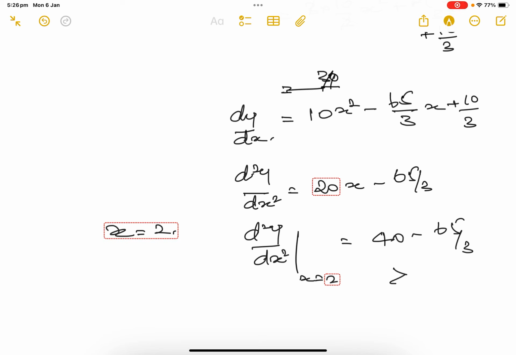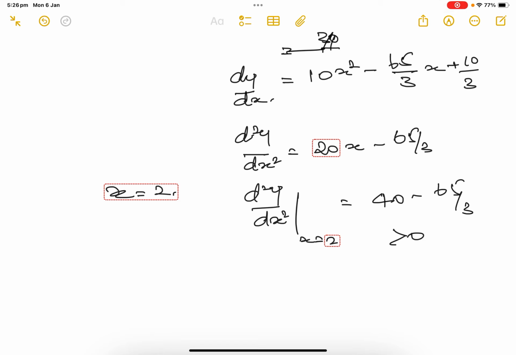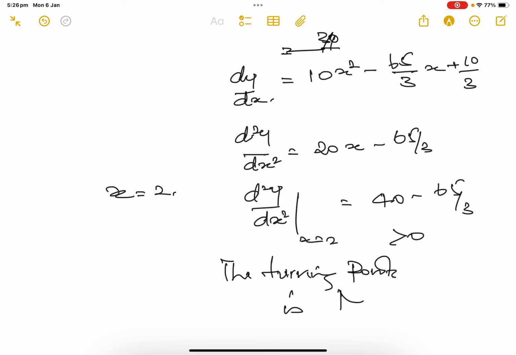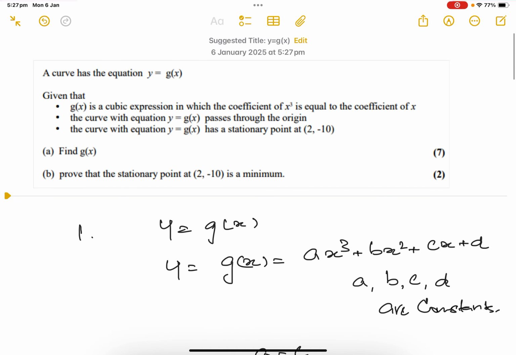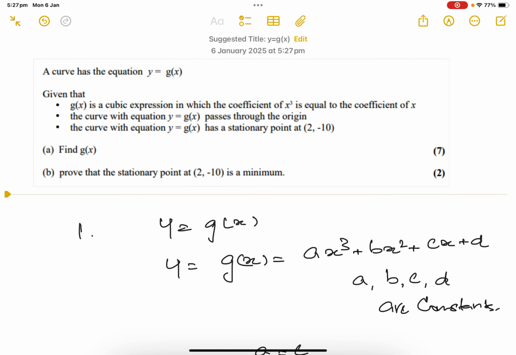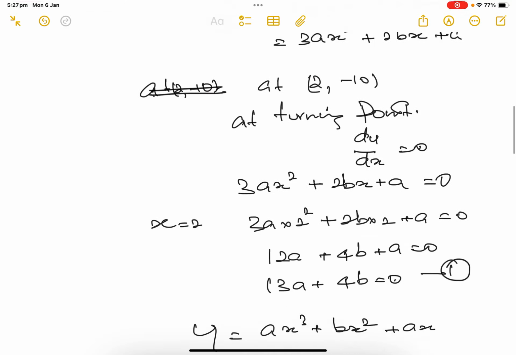This is positive. If the second derivative is positive, the turning point is a minimum. That is exactly what we have been asked to prove. Thank you.